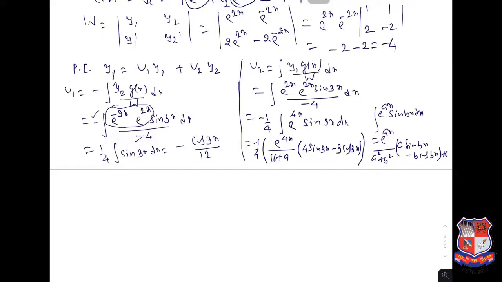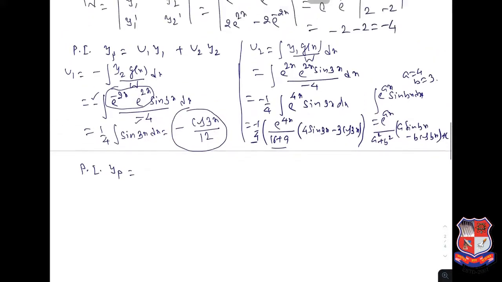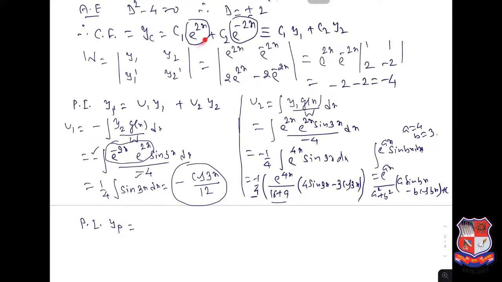Okay, so a is 4 and b is 3. So the particular integral PI is now u1 y1. u1 is minus cos 3x by 12, and y1 is e power 2x. So we write this as minus e power 2x cos 3x by 12.